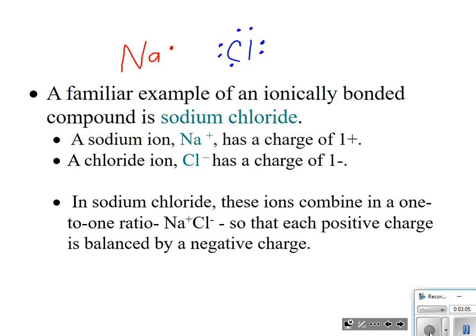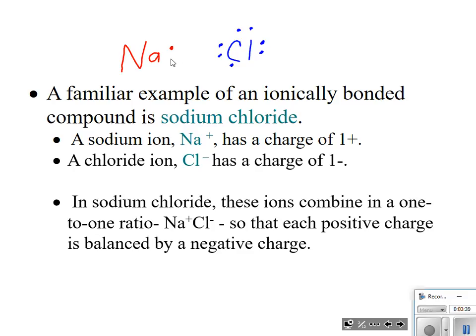Chlorine has 7 valence electrons. It is a halogen. Sodium has 1 valence electron. It is an alkali metal. Now, if I'm looking up here, I can see that in order to obtain a full octet, chlorine only needs 1 electron. Sodium has this 1 valence electron.